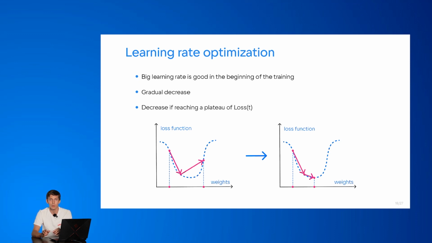But when we are going closer to these minimums, we need to change our strategy. We need to make steps smaller, to make the learning rate smaller. It allows us not to stagnate near the minimum. It allows us to get into this minimum, respectively.